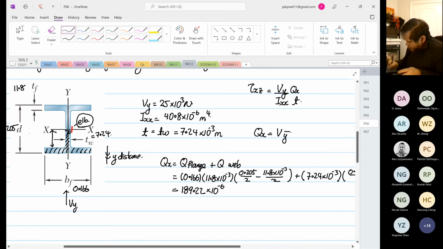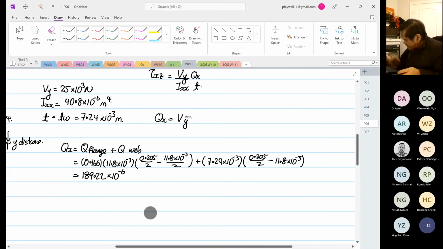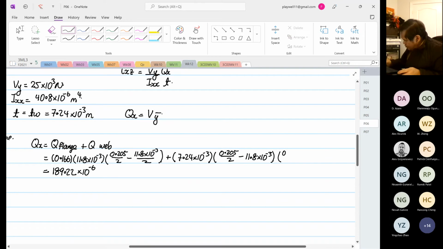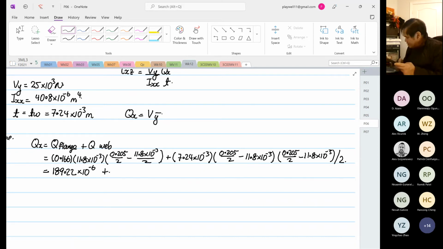Then I take the same value, 0.205 divided by 2 minus 11.8 times 10 to the power minus 3, and divide the whole thing by 2, because it's the centroid. So squared, divided by 2, times 7.24 power minus 3.